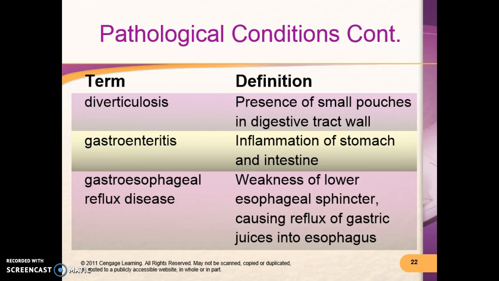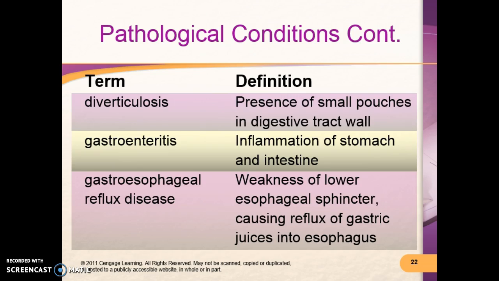Notice we've got a lot of itises. Itis refers to inflammation. So anytime you see that itis, you've got some sort of inflammation going on. Gastroesophageal reflux disease is also known as GERD. GERD is the abbreviation for that one. And then there's several others that you'll see listed here.